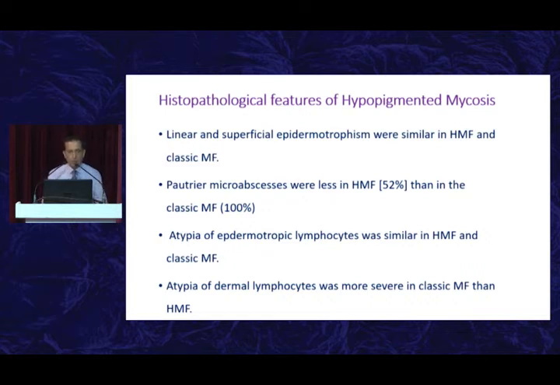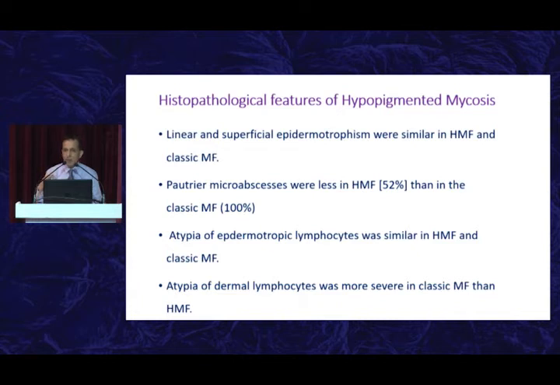But overall, basilar and superficial epidermotropism was similar in both types. Pautrier microabscesses were less in the hypopigmented one than in the classic mycosis fungoides. So all the ones with the classic mycosis fungoides had good Pautrier microabscesses, but in hypopigmented it was less.